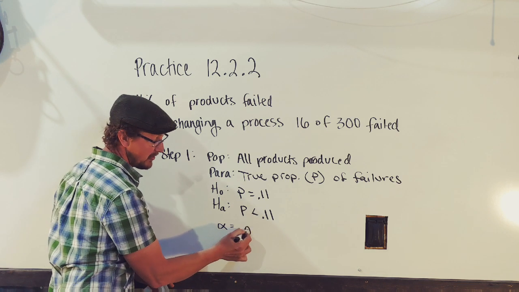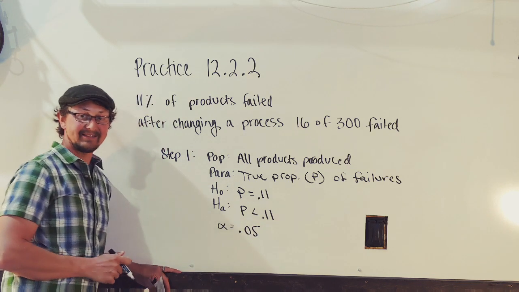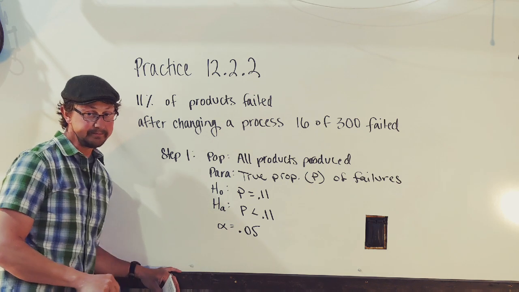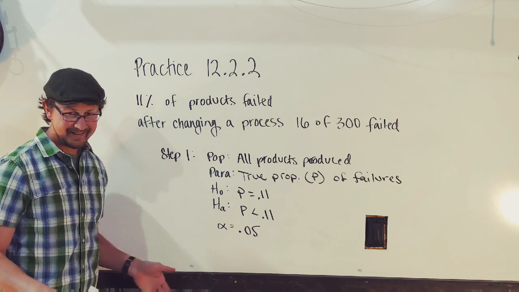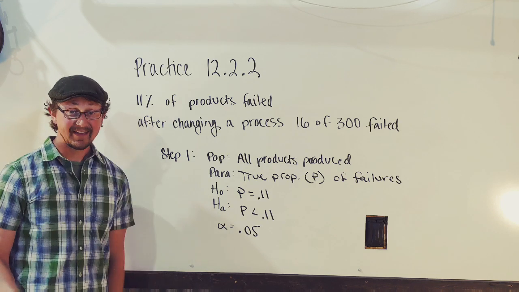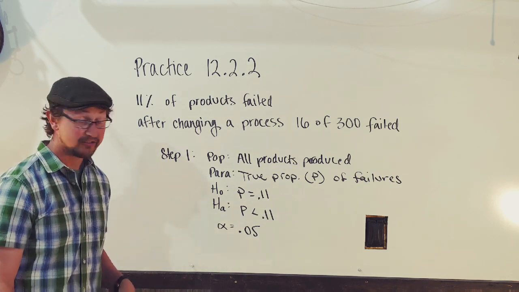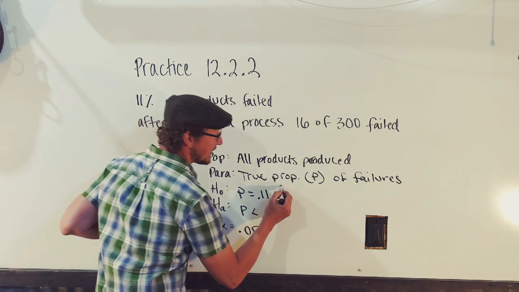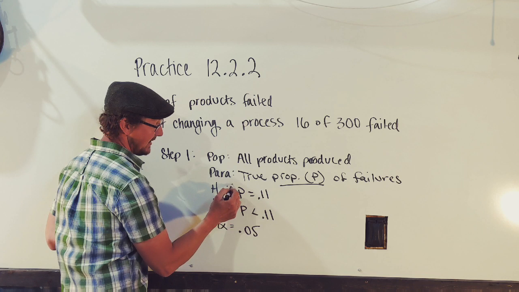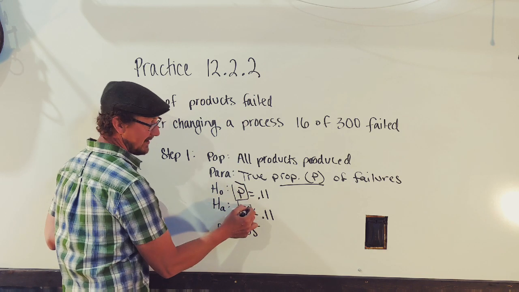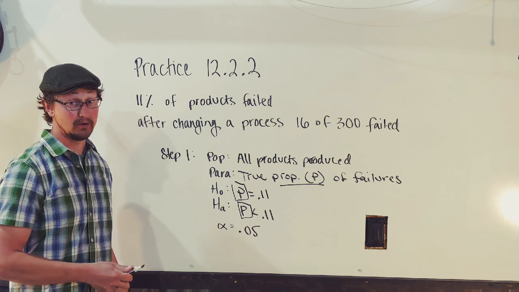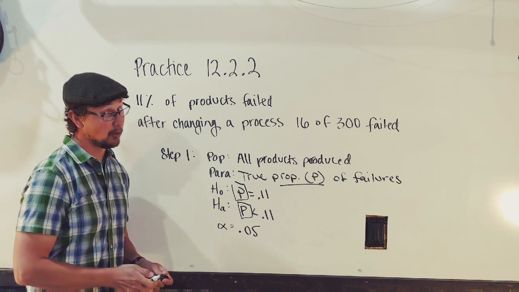Well, a result that would happen randomly less than 5% of the time. That's my significance level right there. So we see that step 1 is exactly the same as it has been for the past chapter and a half of our work. The only tweak is that we're now talking about proportion and P instead of our population mean mu. So P instead of mu, only difference there.